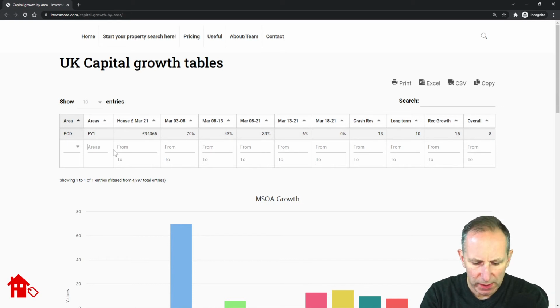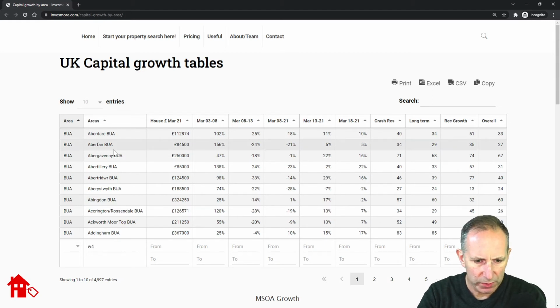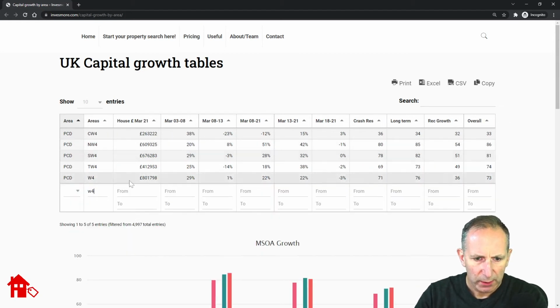But if we pick, say, W4, which is Chiswick in West London, we can see here it got a score of 73. So it's done really well overall. Small decline recently, but overall it's very crash resistant. It's had good long-term growth since 2013, and recently it's not so great, but it's okay.